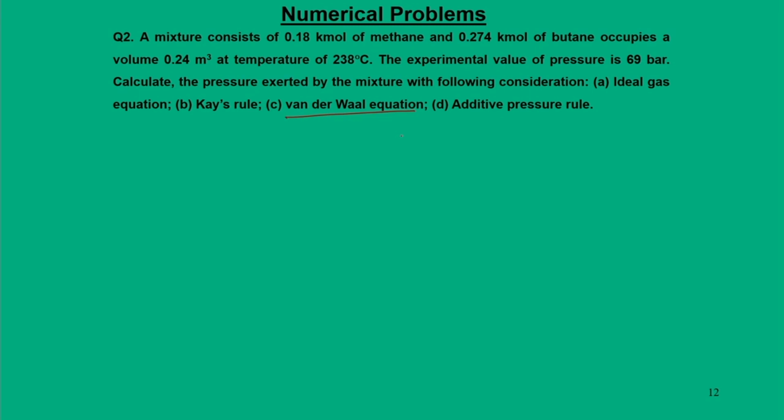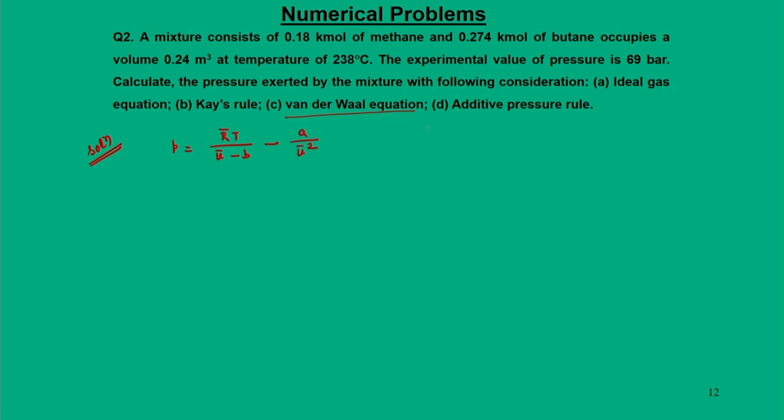Now, this van der Waals equation model, first thing we have to say is what the van der Waals equation of state is, and in fact, this van der Waals model is one form of the real gas model. So, we can write P is equal to R bar T into V bar minus B minus A by V bar square.